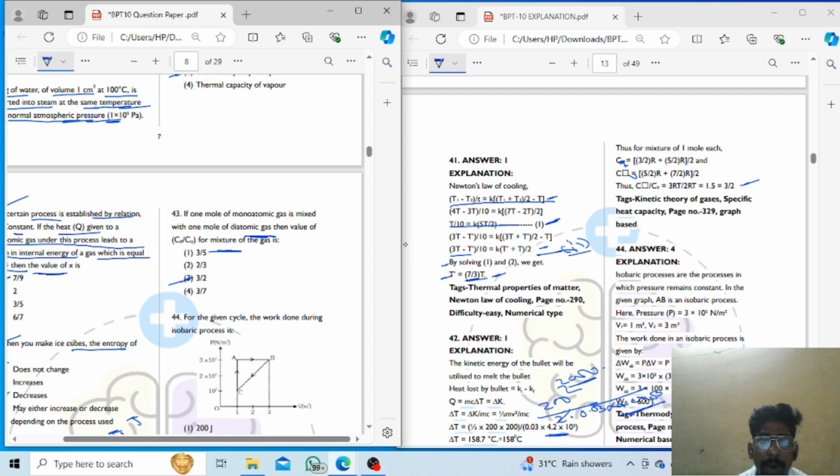No, sorry. Cp by Cv will be equal to the Cp value. For monoatomic gas Cp is 5 by 2 and this is 3 by 2. Cv is not Cp, this is Cv. Cv equals 4R and Cp becomes 6R. So therefore you can say yes, 3 by 2 will be the answer.